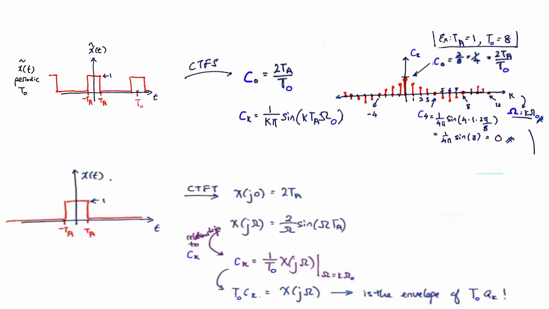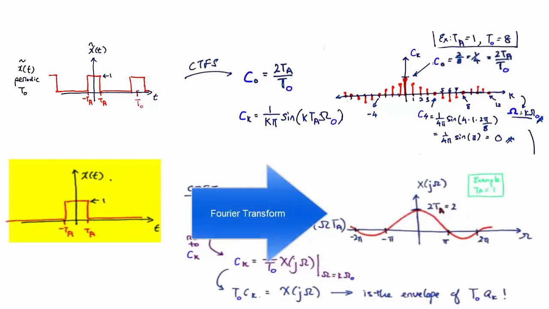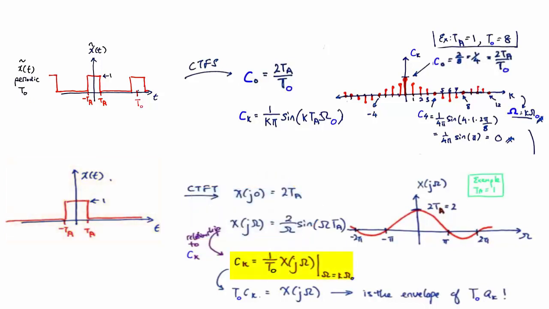We now turn our attention to the continuous time Fourier transform of a single period of the periodic signal. We think that there is a deep difference. Let us first plot the continuous time Fourier transform. It looks like this, the sinc function. If we study this more closely, we realize two things. One is that the value of Ck is 1 over T naught of X of j omega.